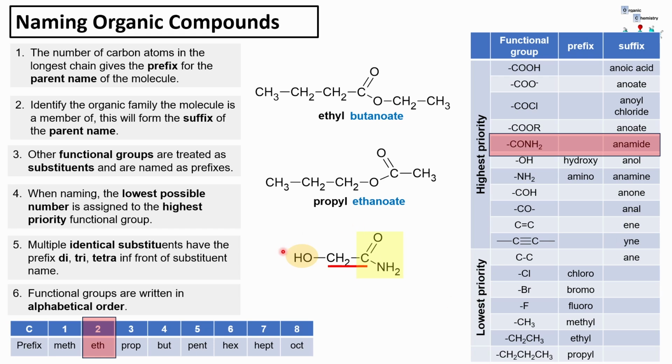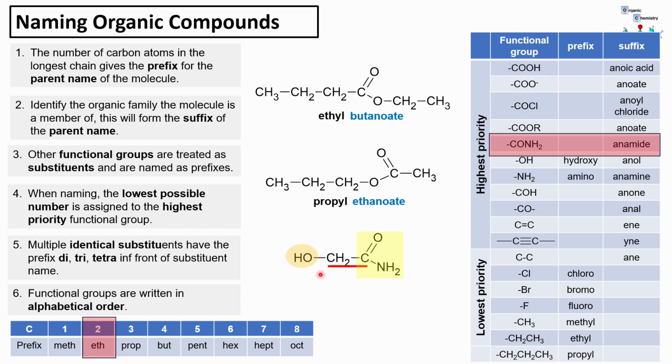Ethanamide. However, we also have this OH group here. Now the OH group, you could either use a suffix or a prefix to name it, but because we've already got a different suffix, the amide, we can't put the -ol at the end, so we have to use its prefix. So we're now going to call this hydroxy.